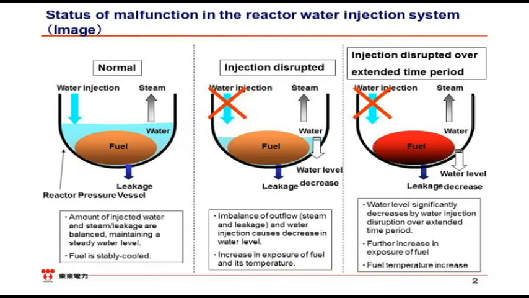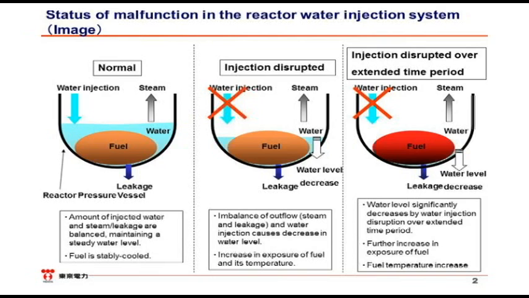Therefore, we presume that the current temperature and pressure level of the RPV are well balanced between the amount of water injection and the combined amount that is evaporating and leaking out. Please look at the illustration in the middle. If the water injection is disrupted under any circumstances, the water level will lower due to the shutdown of water supply.